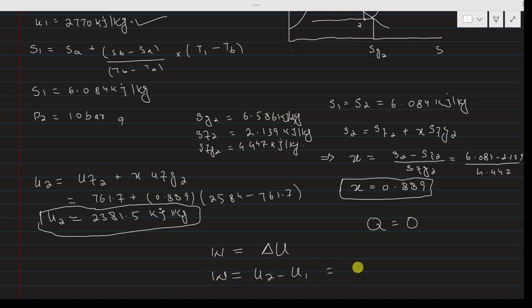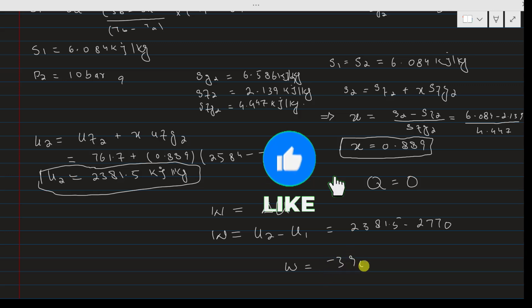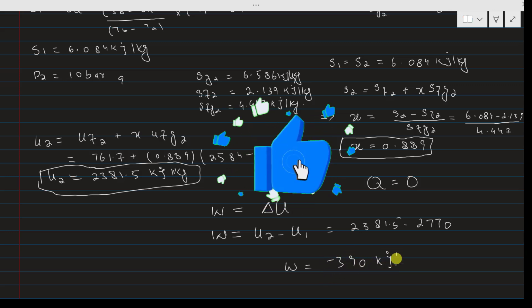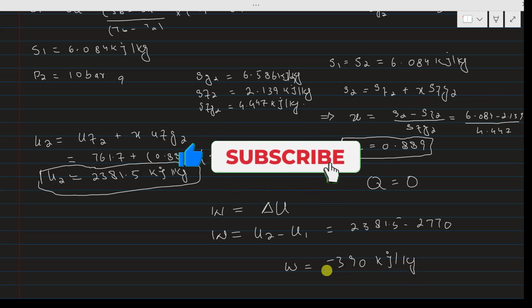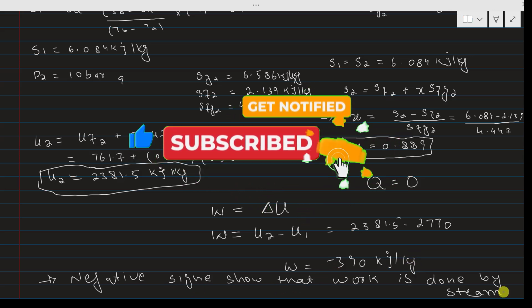What is U2? That is 2381.5 minus 2770. After subtraction, you will find the work done by the steam is almost minus 390 kilojoule per kg. This minus sign says that work is done by the steam. Thank you so much.